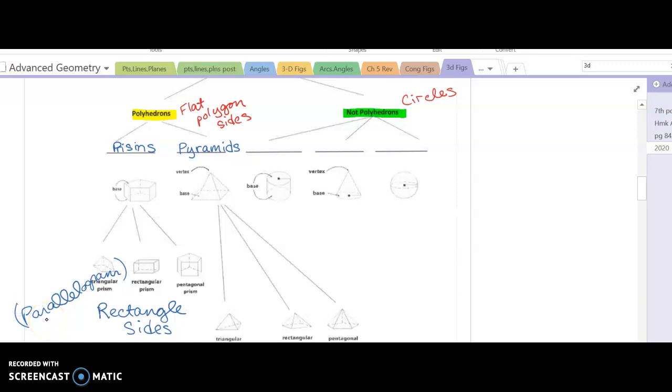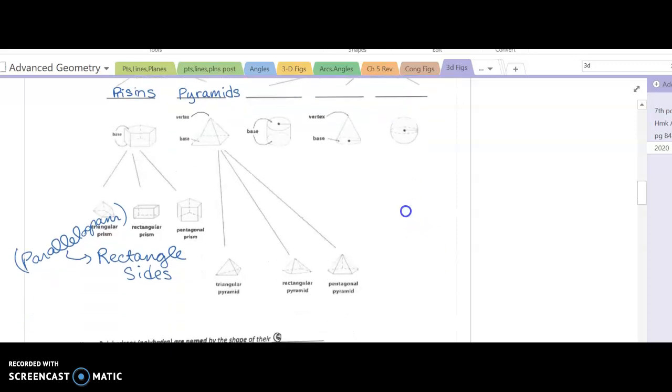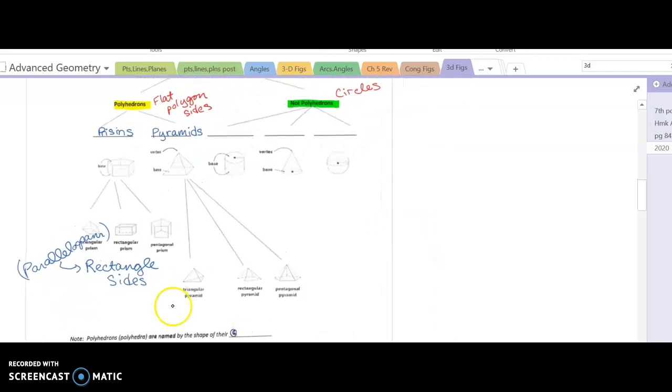But parallelogram sides, though right here they're rectangles, versus the pyramids have triangle sides, and they really are always triangle sides. And then the non-polyhedrons, we split those into cylinders, cones, and spheres. Three different kinds of shapes made out of circles.